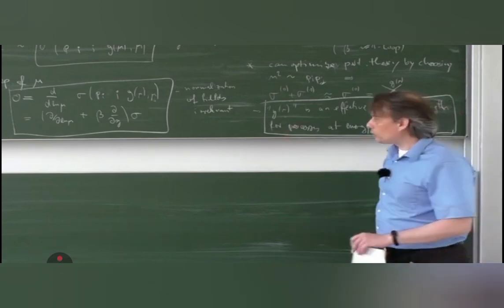And let us now just exemplify this and do the discussion for QED and QCD a little bit more in detail, as much detail that we can do in the last 10 minutes.